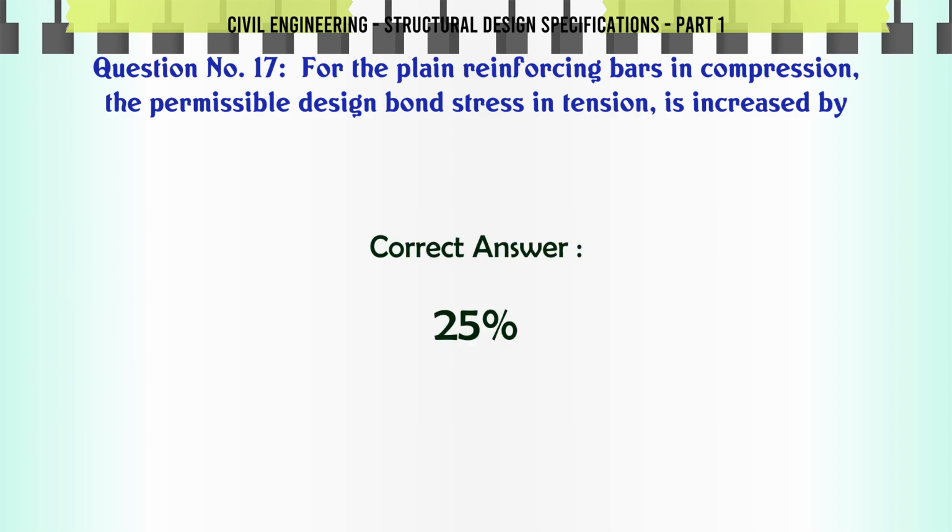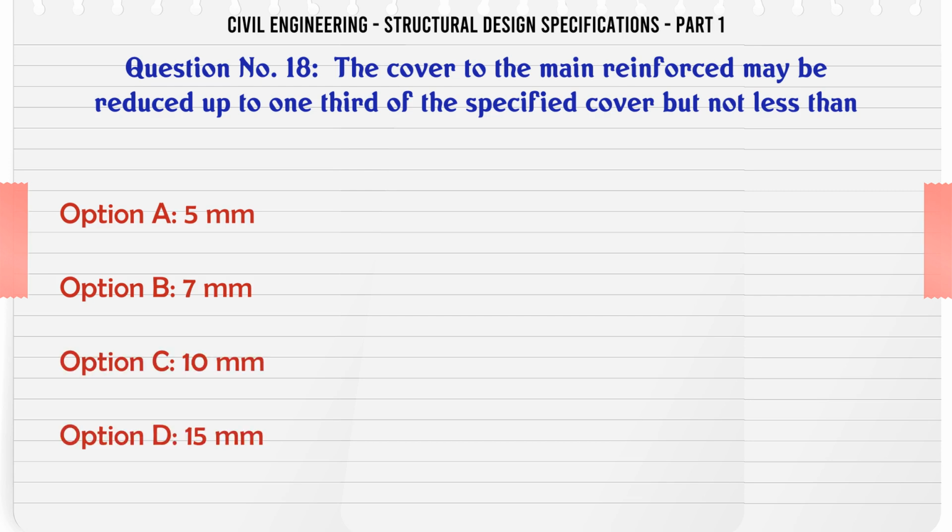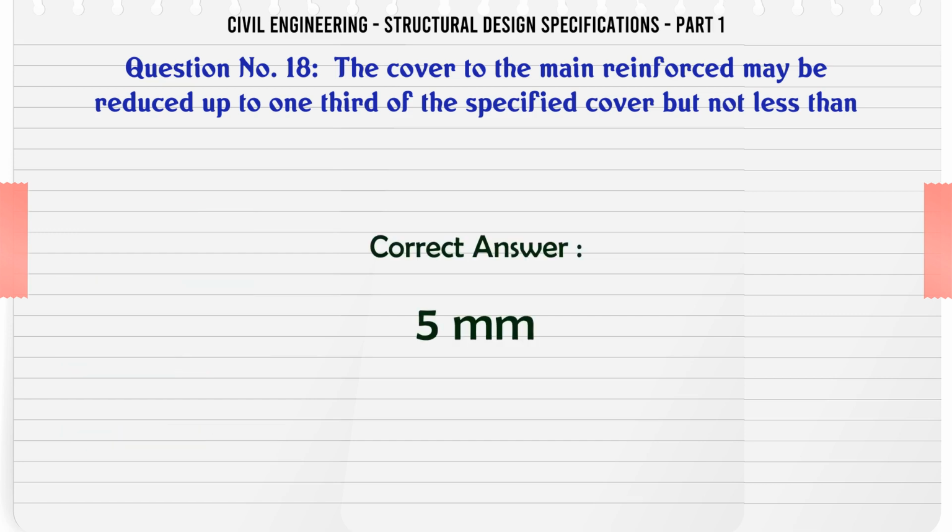The correct answer is 25%. The cover to the main reinforcement may be reduced up to 1/3 of the specified cover but not less than: A. 5 mm, B. 7 mm, C. 10 mm, D. 15 mm. The correct answer is 5 mm.